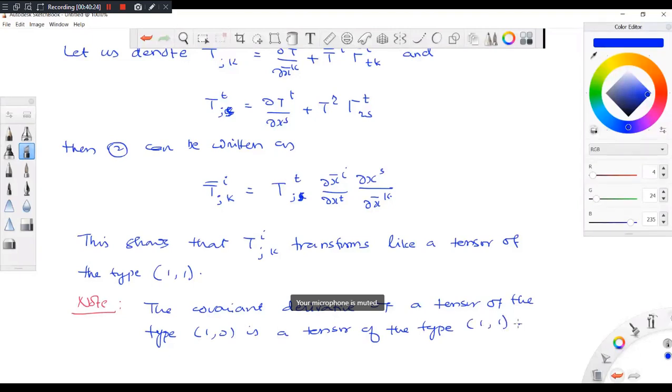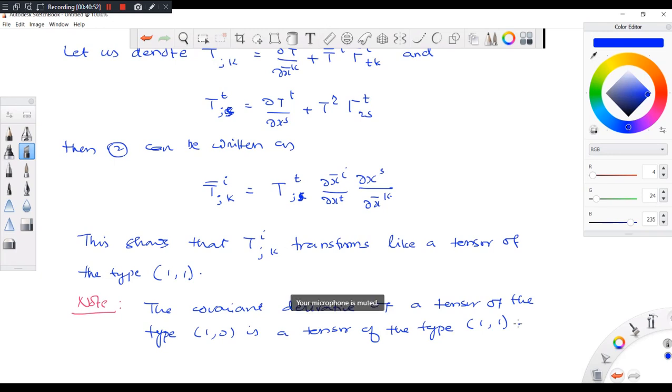Okay, so of the type 1. So this is a differentiation, a covariant differentiation is actually increasing the order of the tensor by 1. So suppose you have a tensor of the type 2, for example, covariant tensor of the type 2.